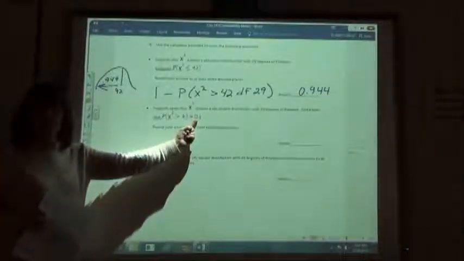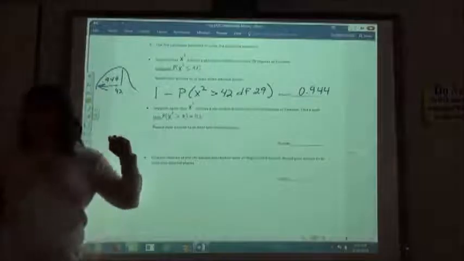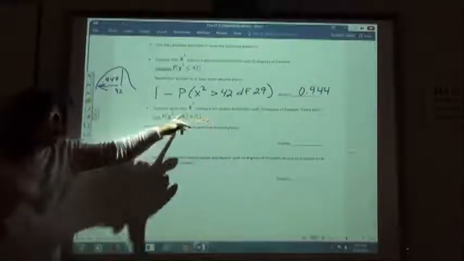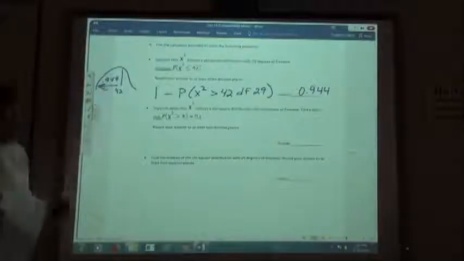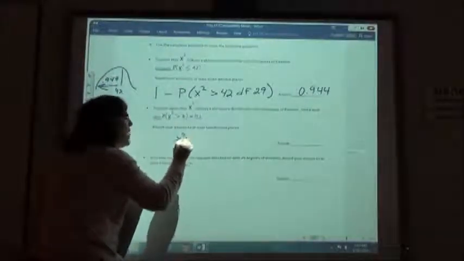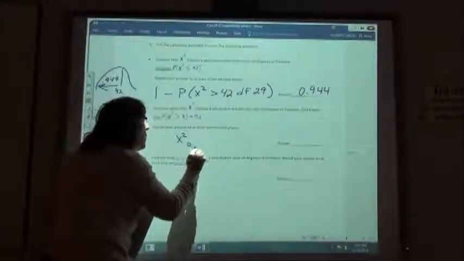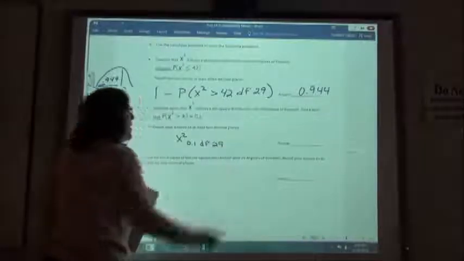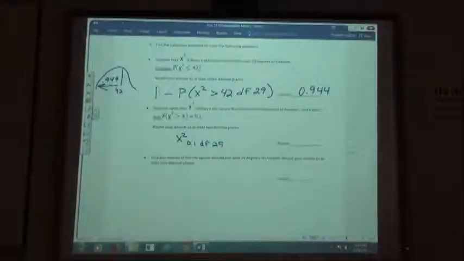This one's to the right, so if it's to the right, because it's a greater than, we're just going to use our number. This time they gave us the area, we're finding that critical value cutoff point. So we are going to have chi squared sub 0.1 with a degree of freedom of 29, it says.